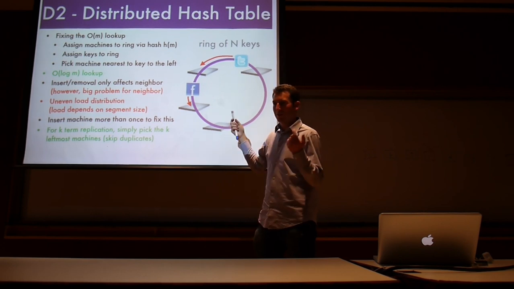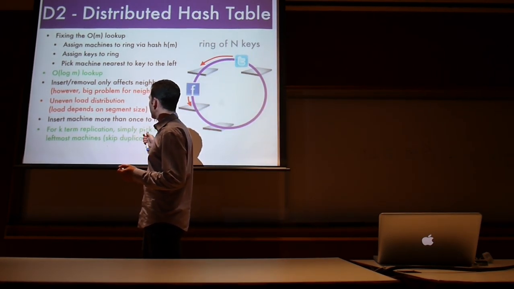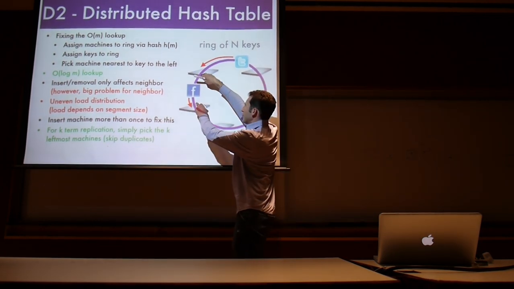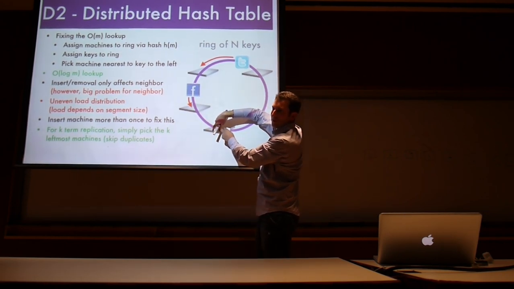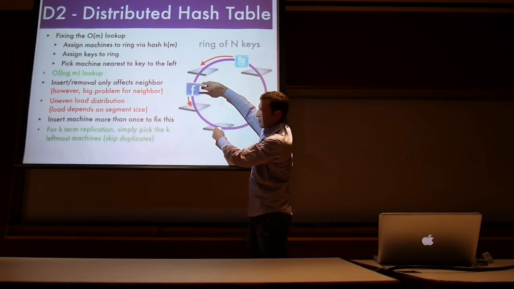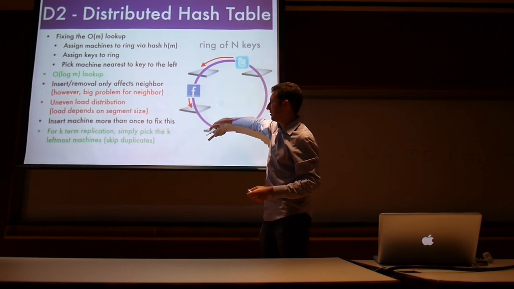Just standard dictionary deployment. That's good. The downside is that if I lose one machine, then all the keys that were stored here have to move over to this machine. So my changes that happen are extremely localized, which is probably not what you want, because this poor machine now will get a lot more work to do.